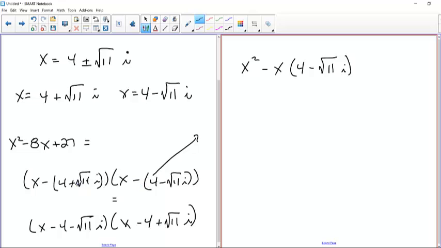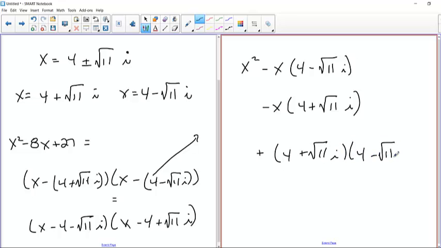Then you'll have the inner, which would be negative x. So you get negative x times 4 plus the square root of 11i. So that's inner. And then last is going to be negative times negative, which is positive. And you'll have 4 plus the square root of 11i times 4 minus the square root of 11i.